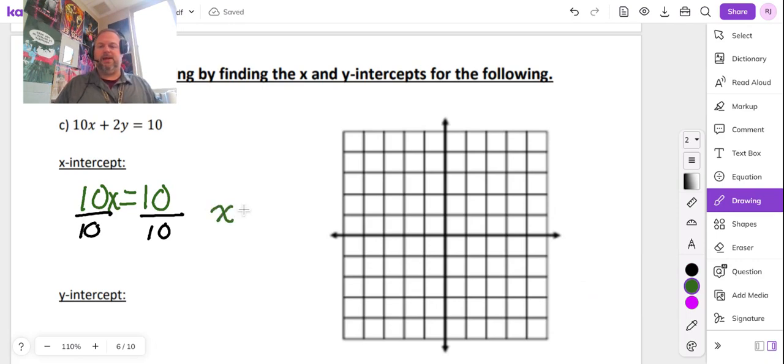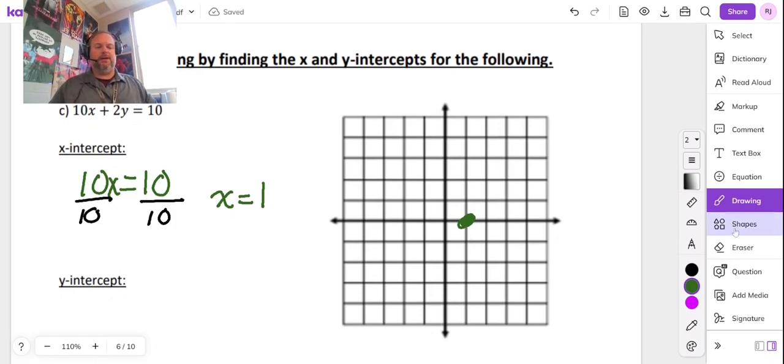All right, so x equals 1. So I could go ahead and plot that if I wanted to. You don't have to, I guess, if you do that hippie math where you just do what feels good. Wherever the wind takes you, man.